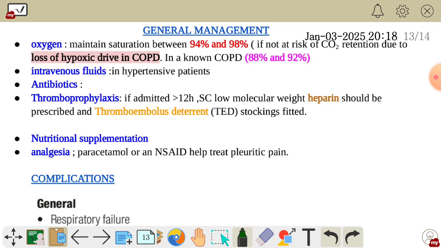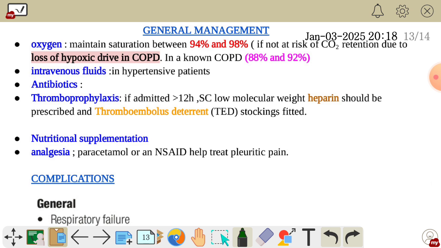But if the patient has COPD, that is chronic obstructive pulmonary disease, then the oxygen saturation should be between 88% and 92%. Why? Because we are trying to avoid carbon dioxide retention due to loss of hypoxic drive. In COPD patients, there is carbon dioxide retention if we keep the saturation at 94% to 98%.